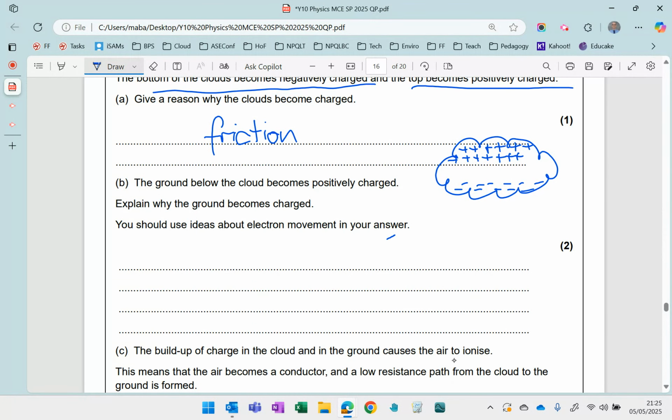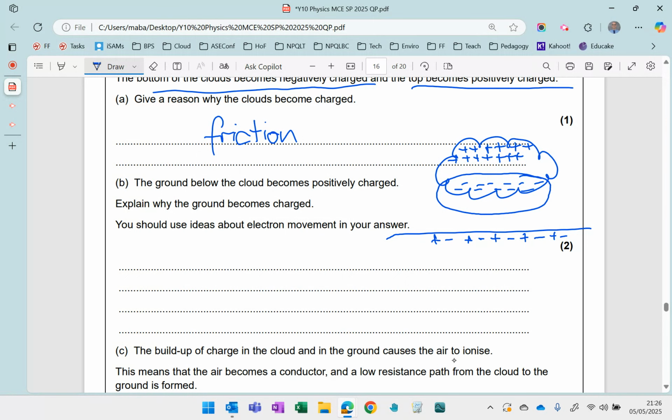And then underneath we've got the ground, and initially the ground would have been neutrally charged, which means that we'd have had the same amount of positive charges and negative charges. But if you look here, now we've got a really big negative charge.